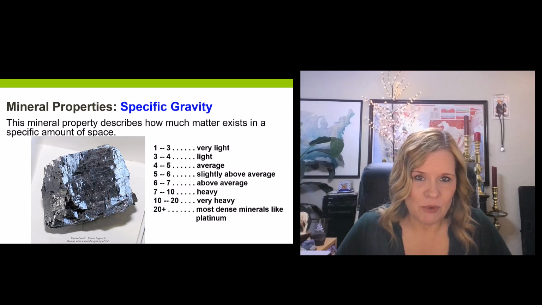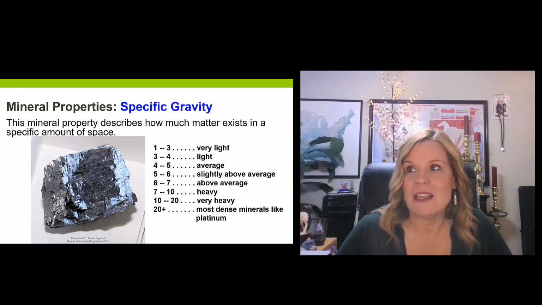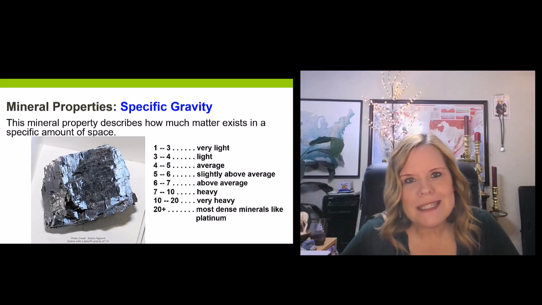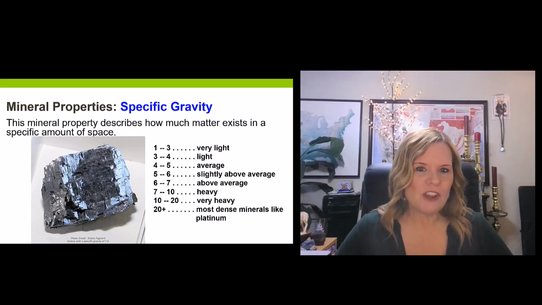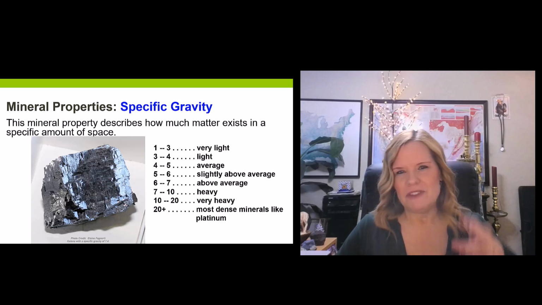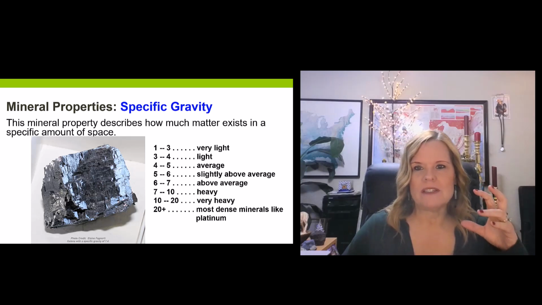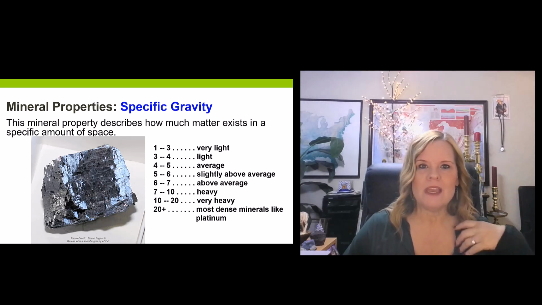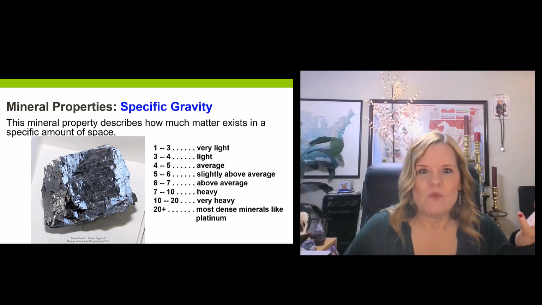Specific gravity is an important topic that we look at when we're thinking about mineral properties. Here's why. Specific gravity is basically how dense a mineral is in comparison to water. Water has a specific gravity of 1.